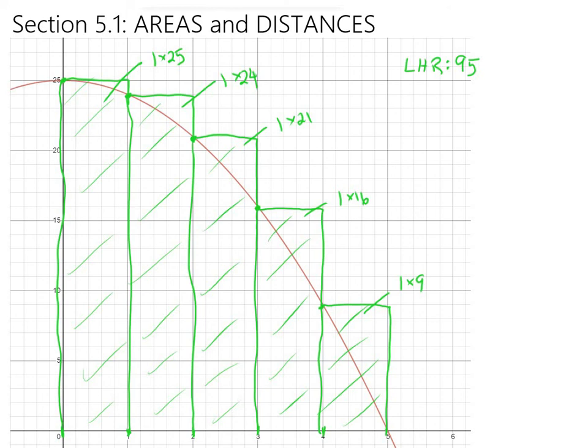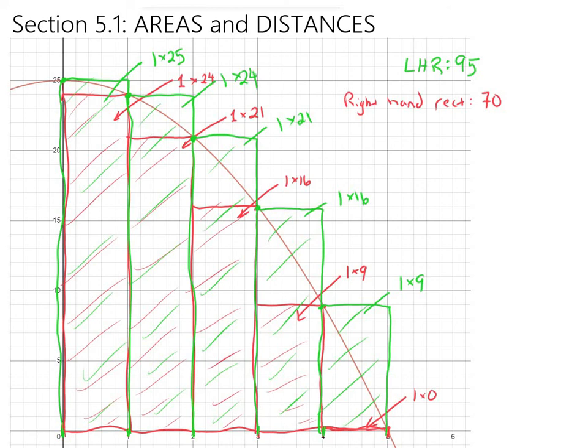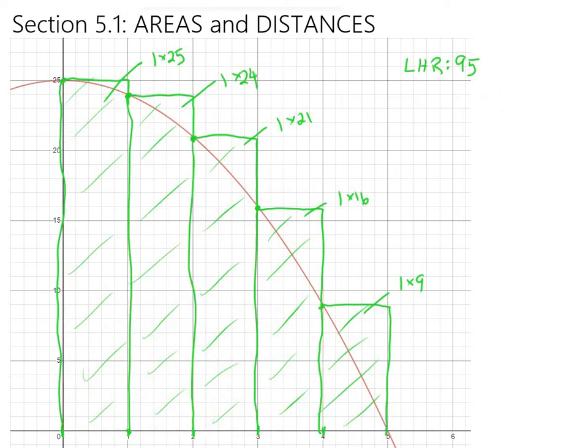And if I turn the right hand rectangles back on, you'll notice there's this symmetry, that this 1 by 9, the green one, matched the previous red 1 by 9. So there's a lot of repetition between our two calculations, the right hand and the left hand. And as we go a little bit further, we'll do things like average the two to try and get even more accurate. Anyway, that's all that we need to do for this particular problem.